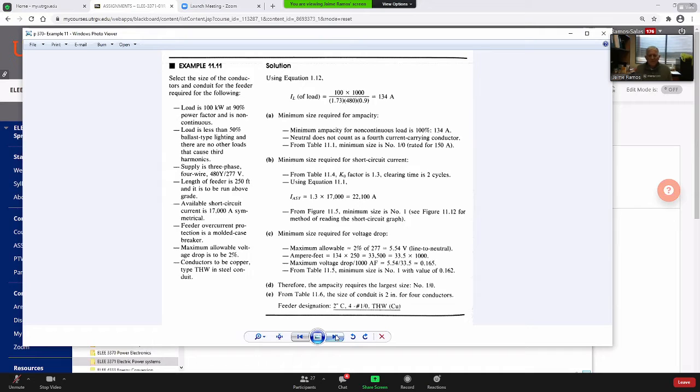From table 11.1, conduit minimum size is 10. So let's show that table. We've seen it several times.